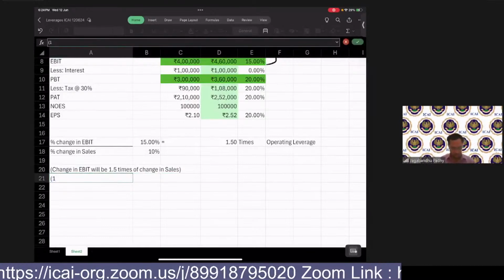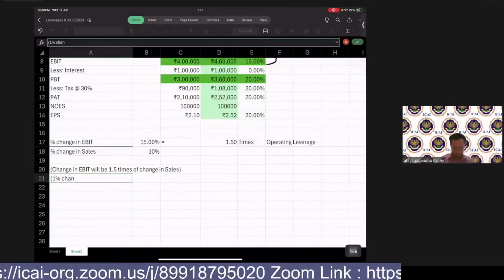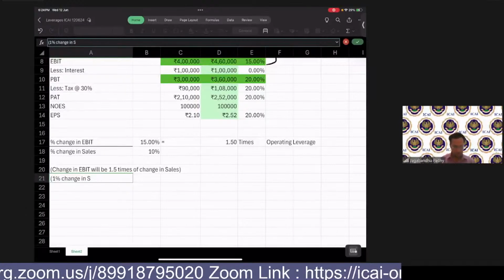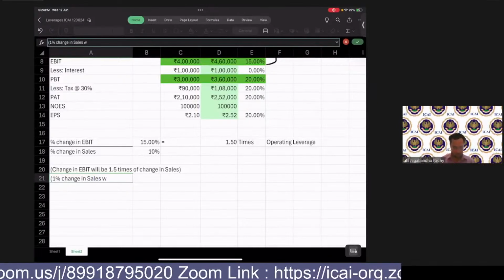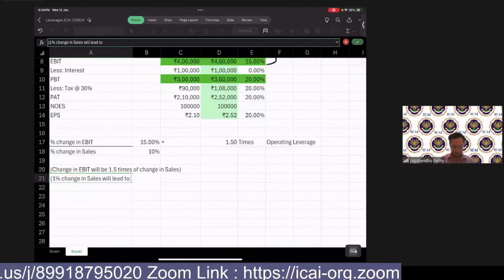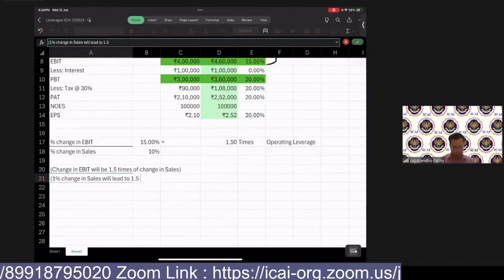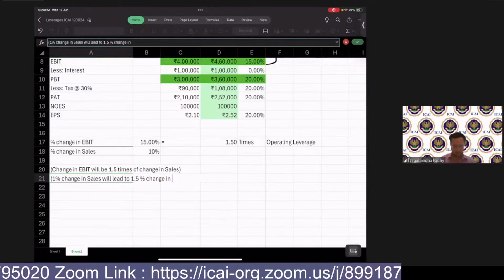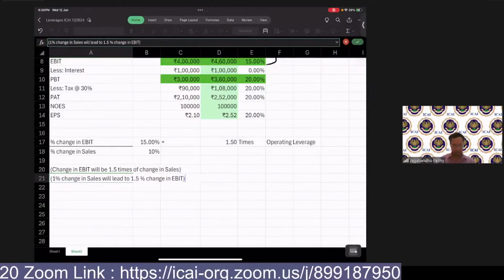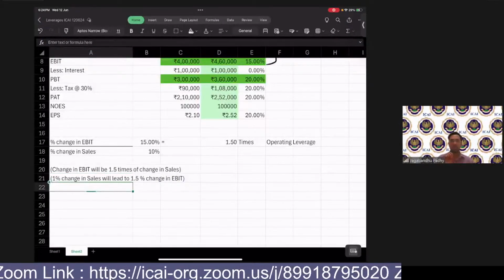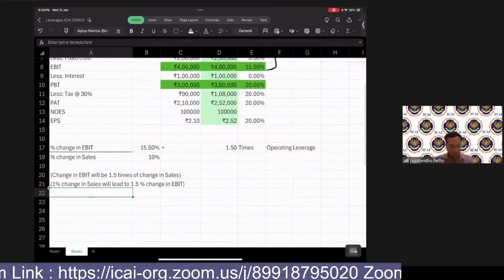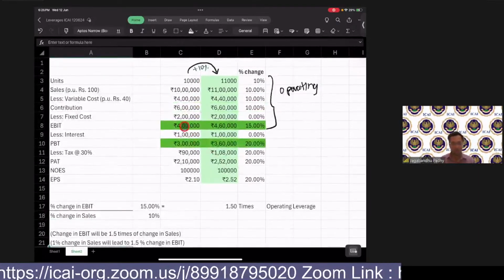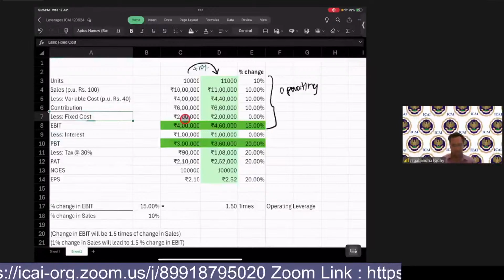As an interpretation, a 1% change in sales will lead to a 1.5% change in EBIT.